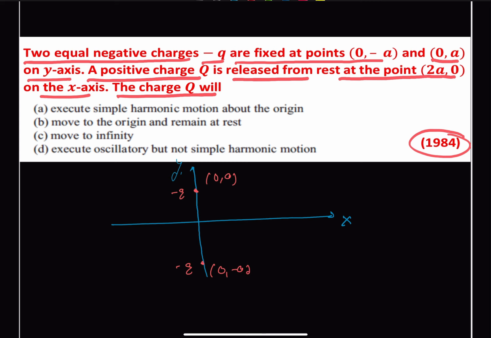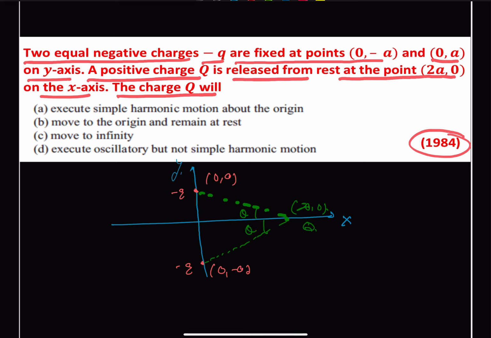And we are given that the charge capital Q is kept at a distance of 2a, 0. So therefore, we can just join them respectively and they will be making the same angle. Let us suppose this is our theta, so the other angle will also be theta.